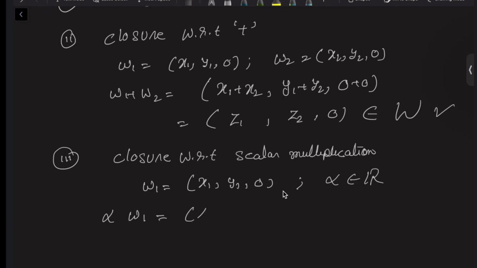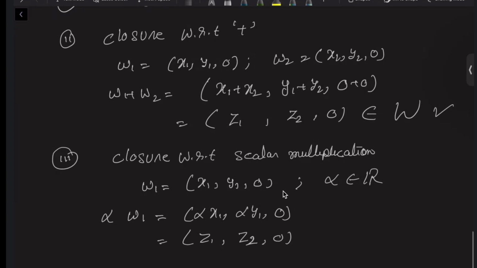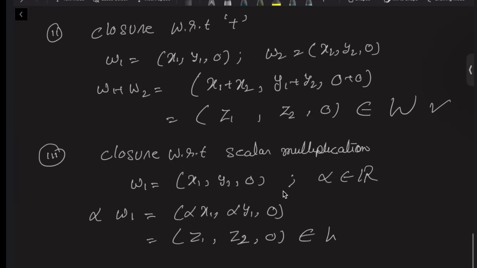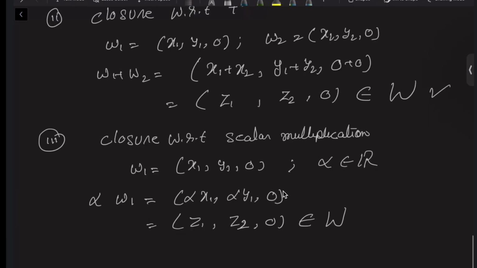Alpha W1 is nothing but alpha x1, alpha y1, comma alpha times 0 is again 0, and this is again some z1, comma z2, comma 0, and this also belongs to my W, right?